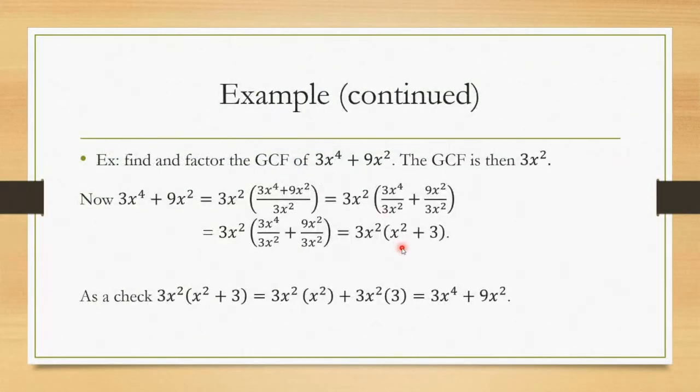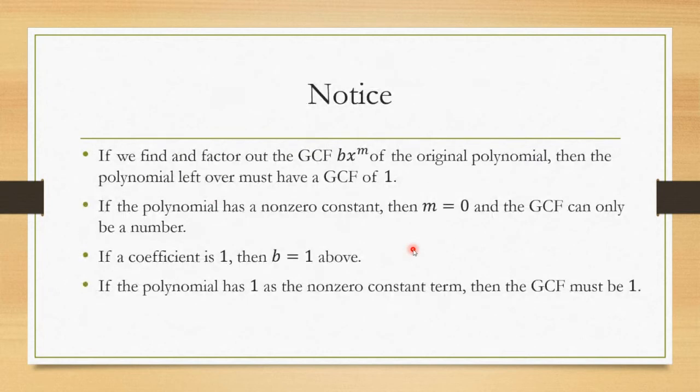That's actually no accident. Mostly because this came about when we factored out a GCF from the original. In general, if you factor out the GCF of the original polynomial, the polynomial you get left over has to have a GCF of 1.